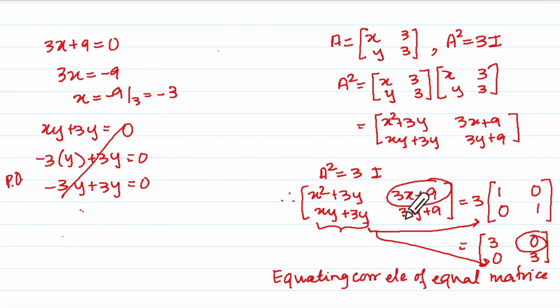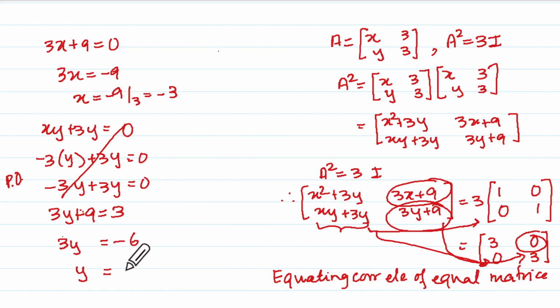So let us take 3y plus 9 equal to 3, I can take. See here, only y. So this will be 3y equal to minus 6, and y equal to minus 6 upon 3, so y is minus 2.